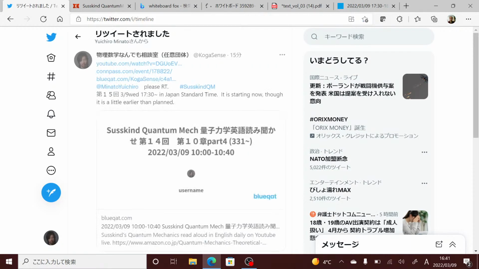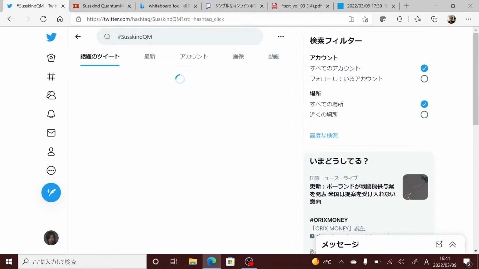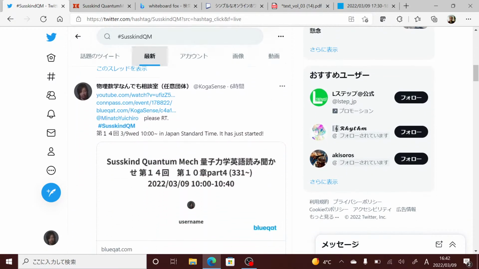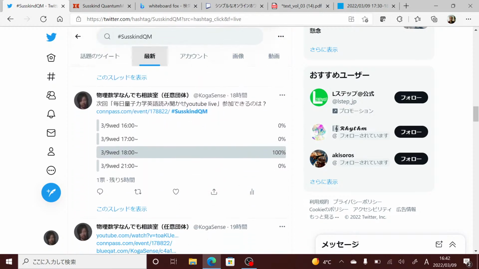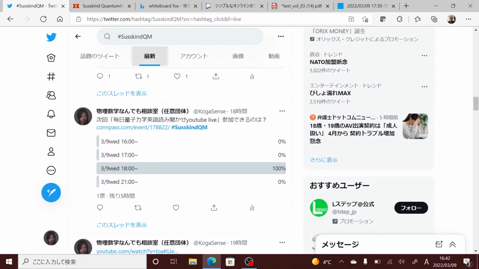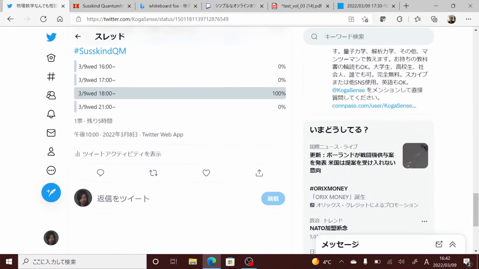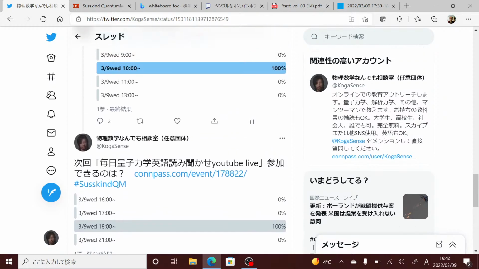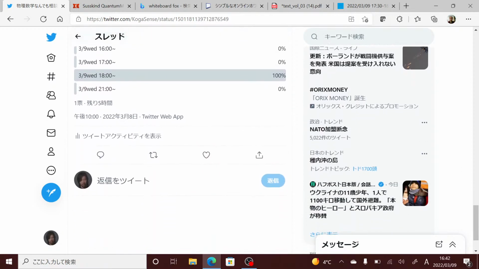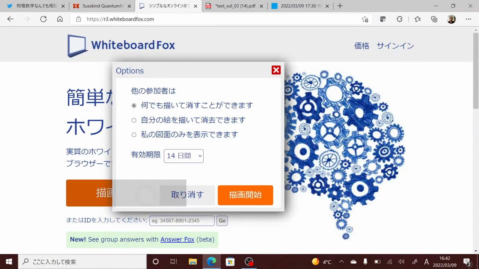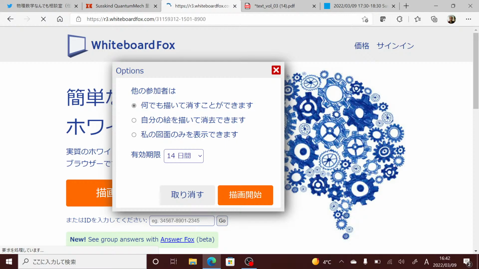By the way, I don't know if I have this schedule. I don't have the next time slot. Maybe I didn't put the next time slot. Okay, so where is it? Okay, this is this way.